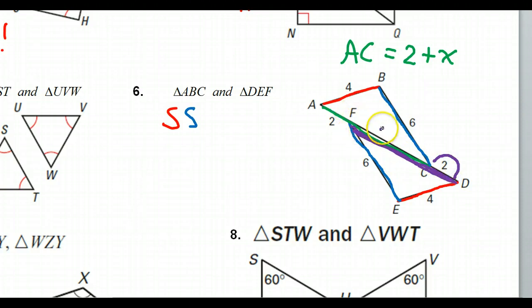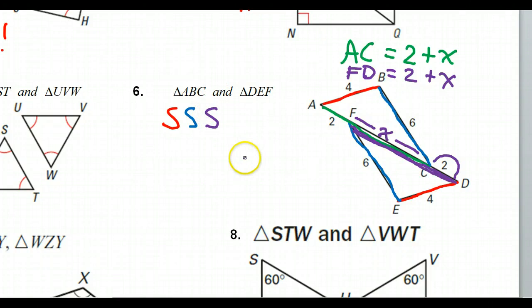And then we have the FC part again that I could again call X. So if I wanted this purple part of the triangle, the FD part, again, couldn't I say that that is 2 plus x. It's a little 2, and then they share this part in the middle. So both the green part is a 2, and then the middle part, and then the purple is a 2, and then the same middle part, which I called x. So if you think about it, those are the same. So that is going to be a third side that is congruent.